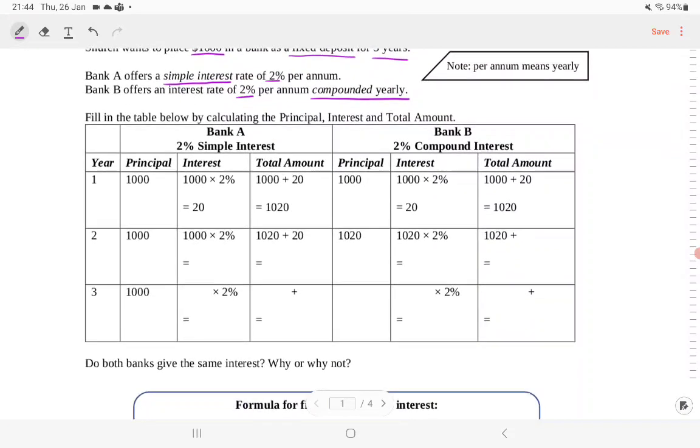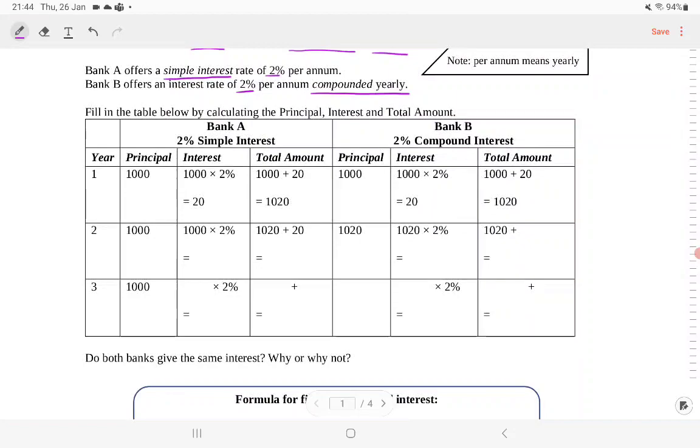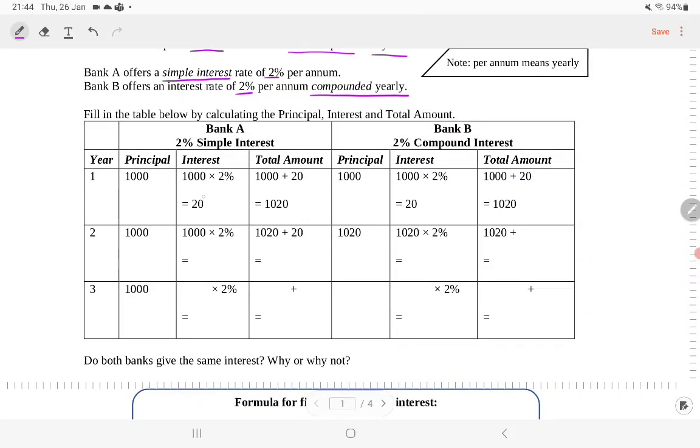For the first part, for bank A, let's see after 3 years how much money she is going to get. For the first year, times 2%, her interest is $20. So I add to the original amount at the end of the first year, she will have $1,020.